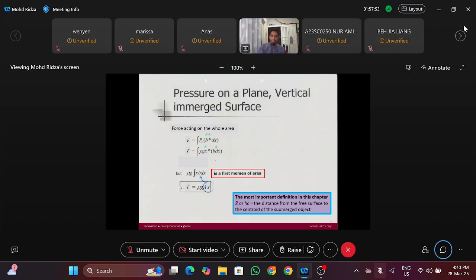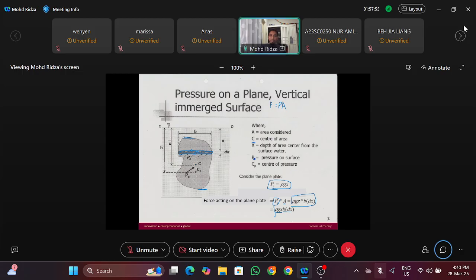What is A? A is the area of the object. The area of the whole object. This is all A. What is x bar? x bar is the distance from the free surface to the centroid of the submerged object.